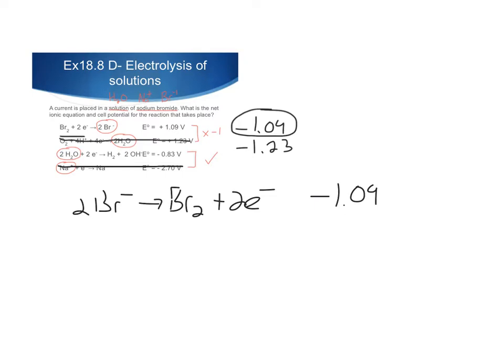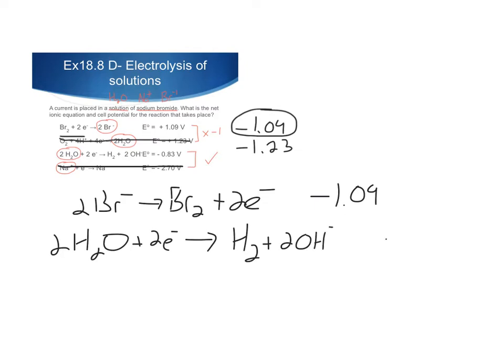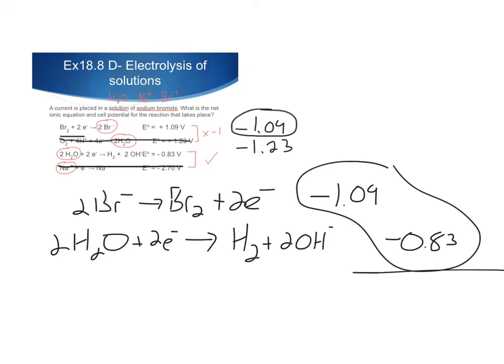And then I leave my water alone, 2 H2O plus 2 electrons. My 2 electrons happen to match, that's good. Make H2 plus 2 OH minus. And the voltage there is negative 0.83. So I can add those voltages together to get my electrolytic cell potential, the current that I need to put through to make this happen.